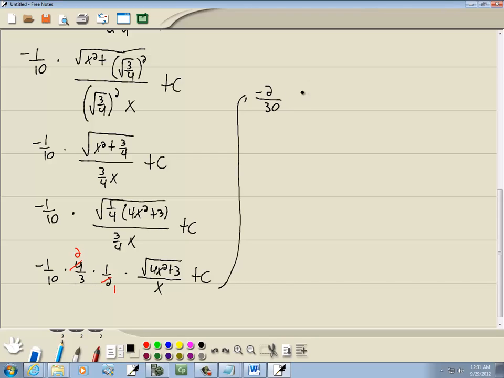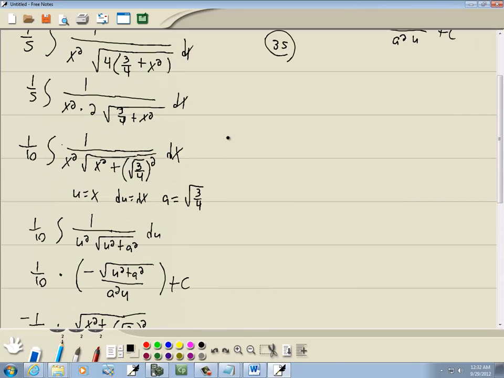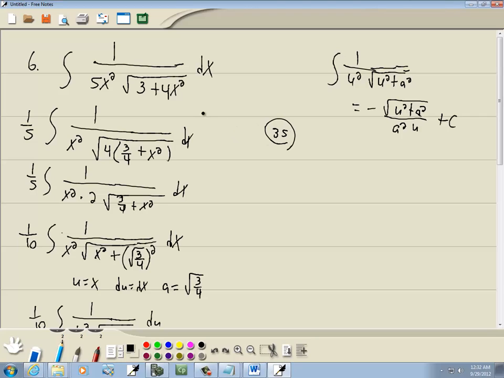Times square root of 4x squared plus 3 over x plus c, which gives us negative 1/15 times that. And I could merge those together. So I got negative square root of 4x squared plus 3 over 15x plus c. And that's our answer. So that one wasn't as straightforward as I might have hoped. I was hoping for A and B, but oh well.